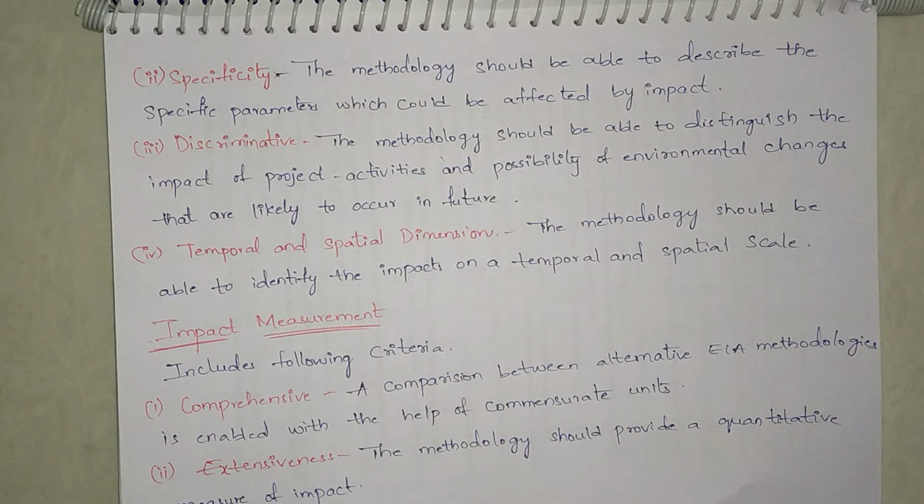Next component is impact measurement. In this also we have different criteria. First one is comparison. We have many kinds of methodologies, right? Whatever methodology you choose, first you have to find the alternative methodologies based on the project.